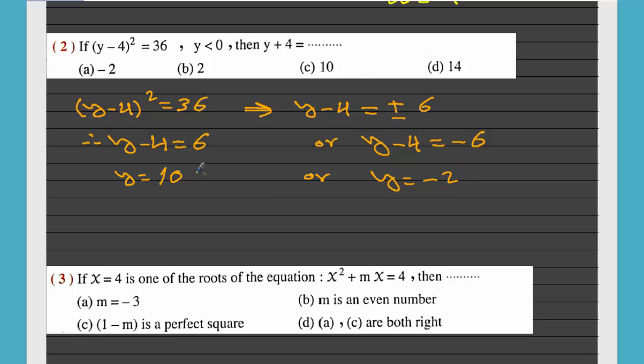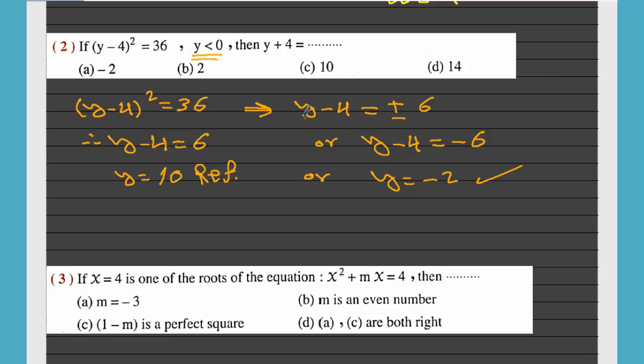This solution is refused. Why? Because here the condition is y is less than 0, and 10 is greater than 0. So we consider y equals negative 2.